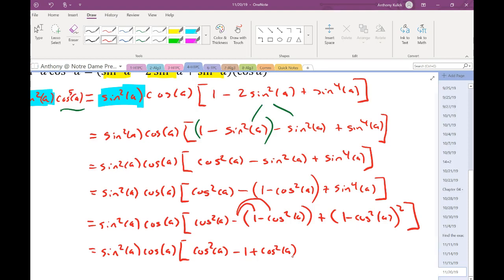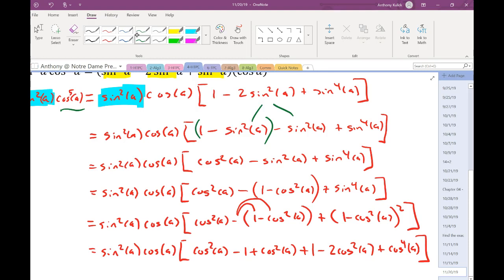We have to FOIL, right? That's 1 minus cosine squared times 1 minus cosine squared. Should you take my word for it that it FOILs out to give this, or do we need to see that? You believe me? Okay. If you don't, we could do it, but if you believe me, I'm going to just let that go because I didn't want to write it down anyways.